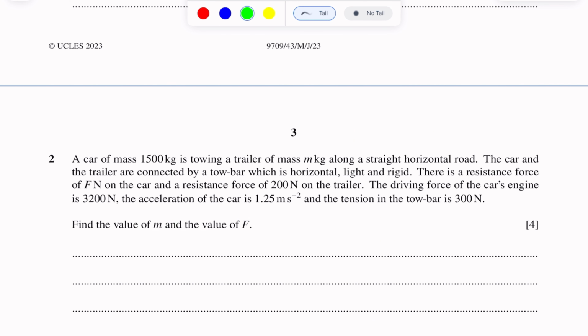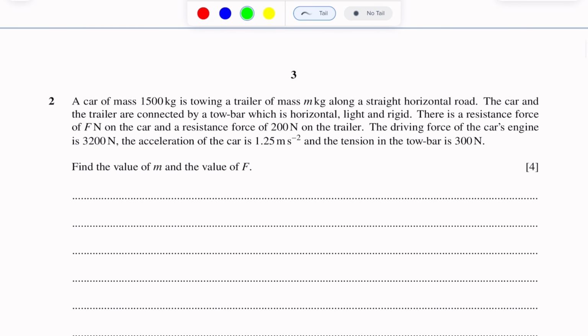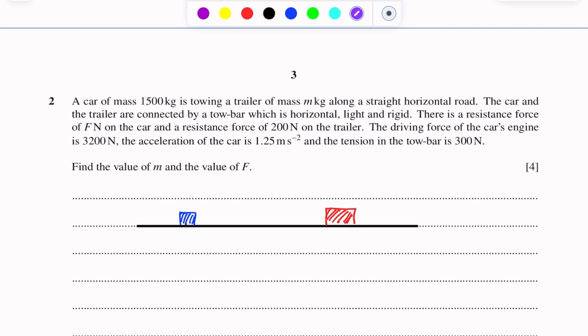For this, we sketch a diagram to understand this completely. This is the horizontal road, the trailer, the car, and the rigid, lightweight tow bar.